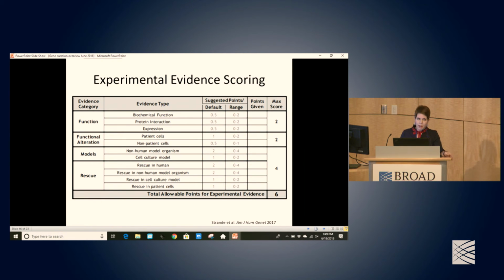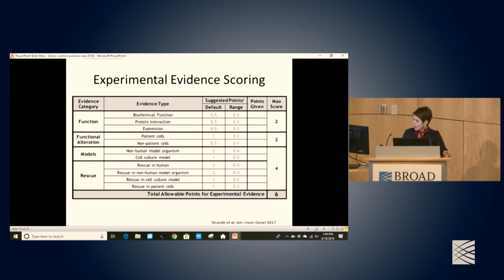And kind of as outlined in that previous paper, we've decided to weight these things a bit differently. So you'll see that there are lower scores associated with the functional category, so biochemical function, protein interaction, expression, some higher scores within the functional alteration, and the highest scores within the animal model and the rescue section.